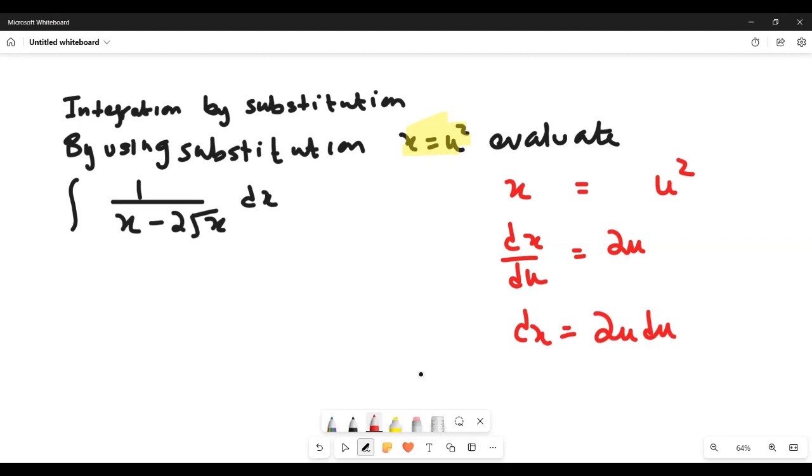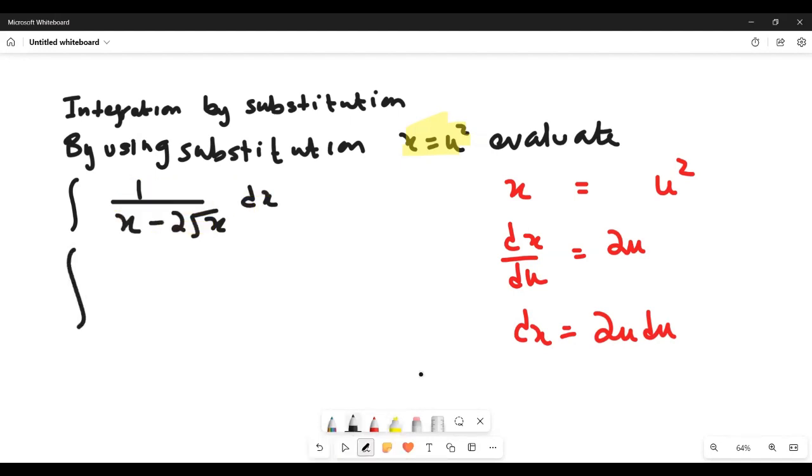Okay, so how do you start this question? जो given substitution है उसको लिखो और फिर जो भी इधर variable है उससे derivate कर दो. So that was u, तो we do dx over du equals 2u और फिर dx को subject बना दिया तो we get 2u du. अब यहाँ पे we're going to replace x with u square and we're going to replace dx with 2u du.